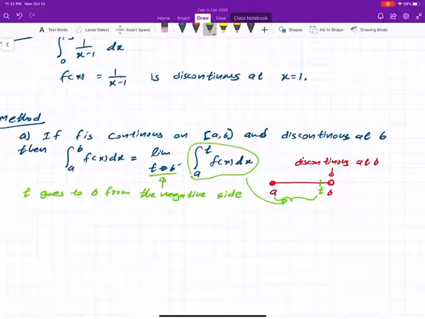What is the negative side? Negative side is this side, that is the positive side. Always the right hand side is the positive side, left hand side is the negative side.